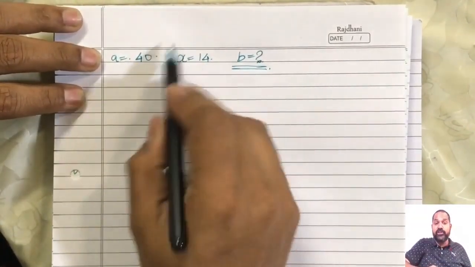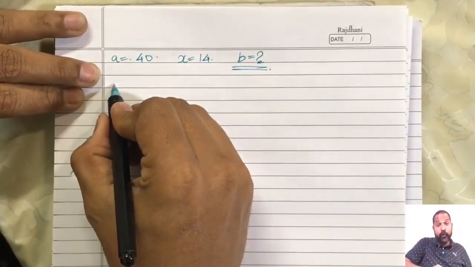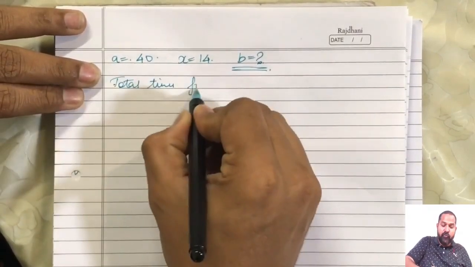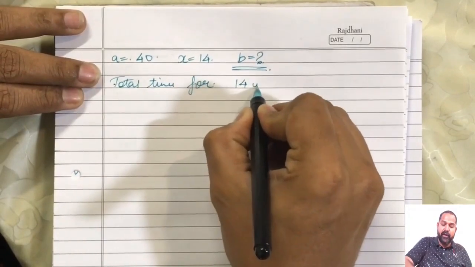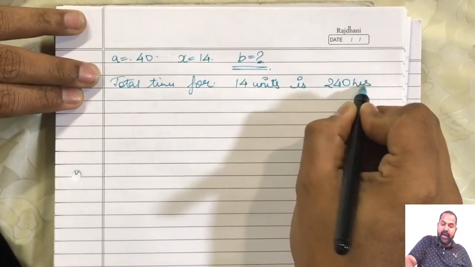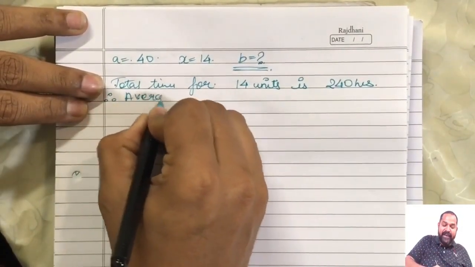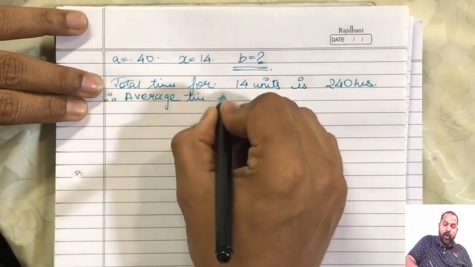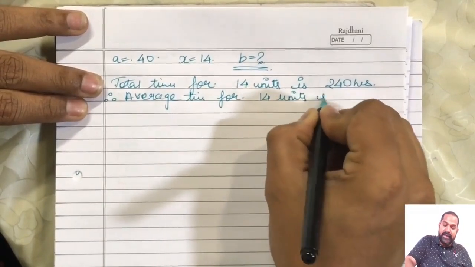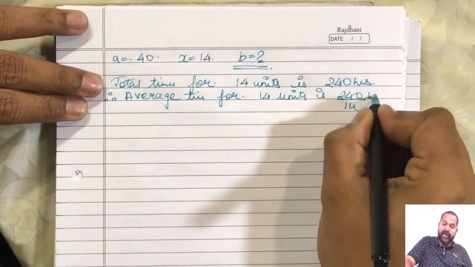But what am I going to judge this on? Something very simple. Total time for 14 units is 240 hours. Therefore, average time for 14 units is 240 by 14 hours.